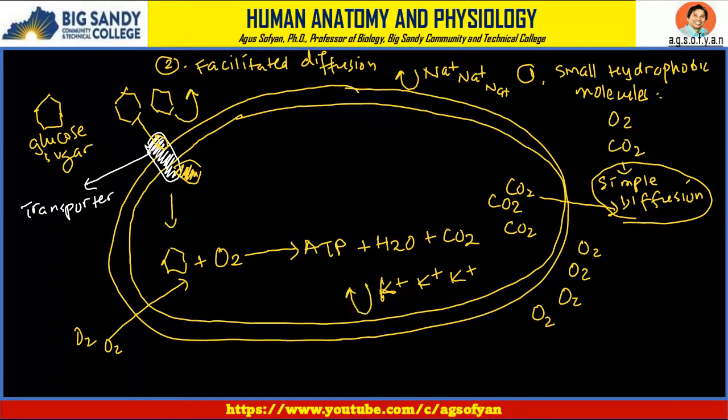They will be rejected. Now, how do they move? There is another type of protein that will help them to move, and this protein makes a channel. Therefore, this protein is called an ion channel.